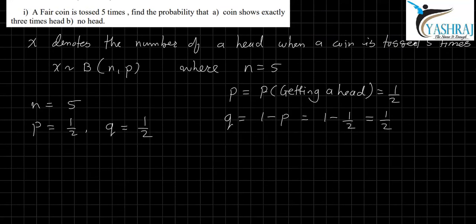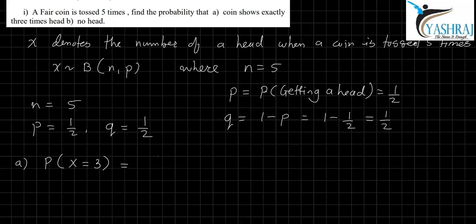Now as per the first sub question, we have to find P of X equals exactly 3 heads. That means P of X equals 3.